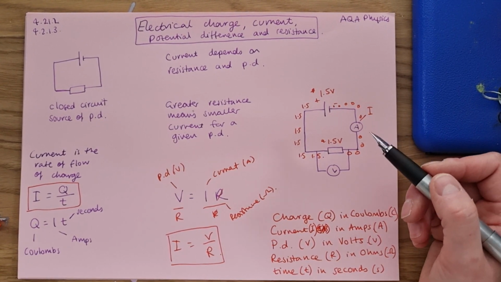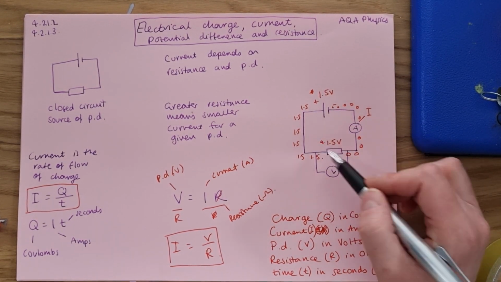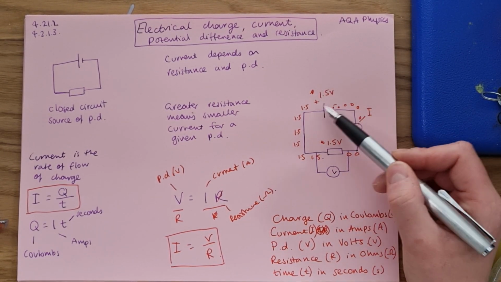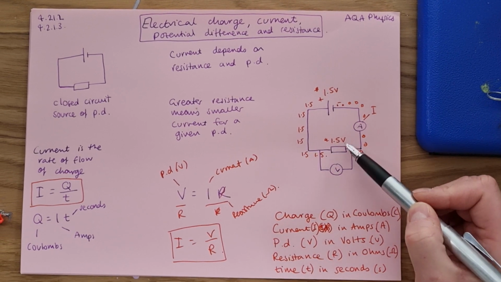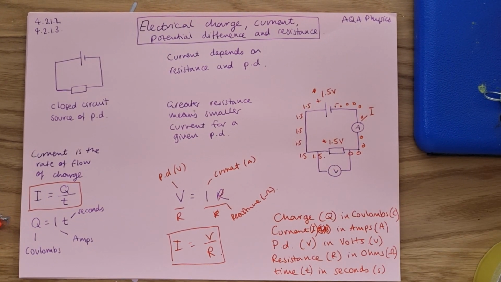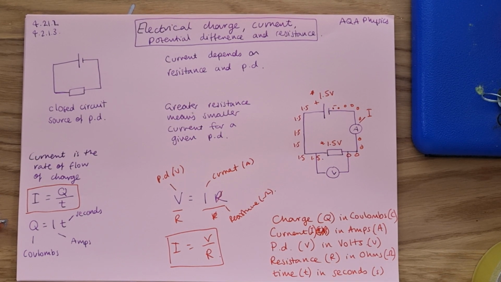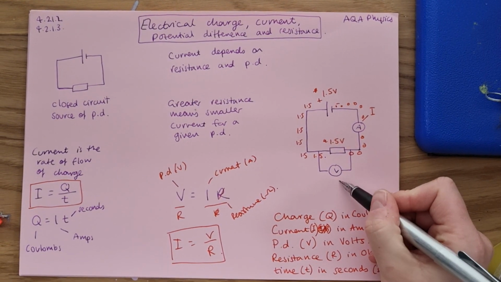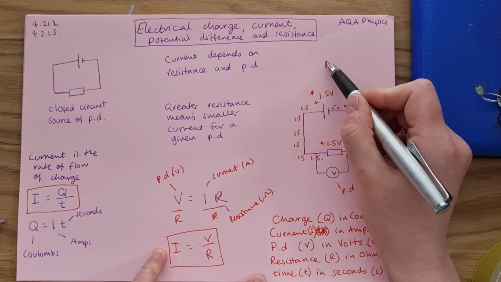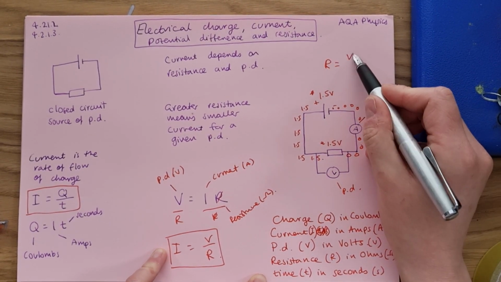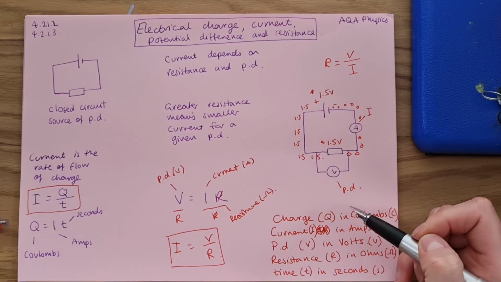Electricity is complicated, but thinking of it as electrons already in there being pushed around the circuit, gaining potential energy, potential difference through the cell, and then dropping it off at the components works very well, right? So I could use this circuit, I could measure the potential difference here, and then if I wanted to find the resistance, I would say the resistance is the potential difference across a component divided by the current flowing through it.